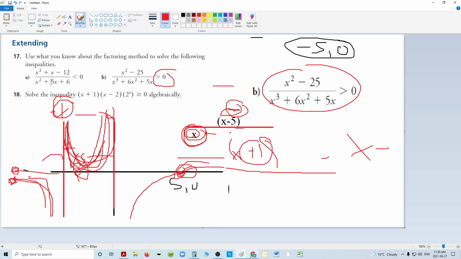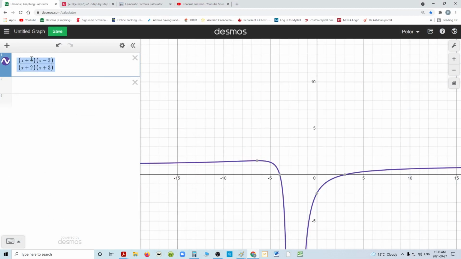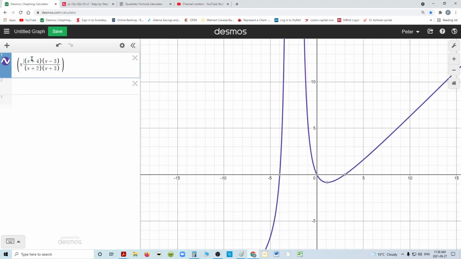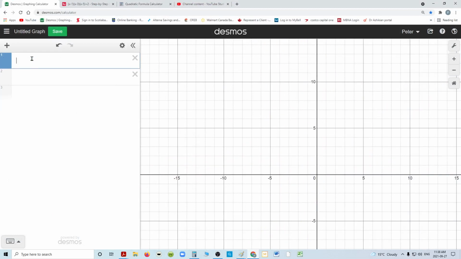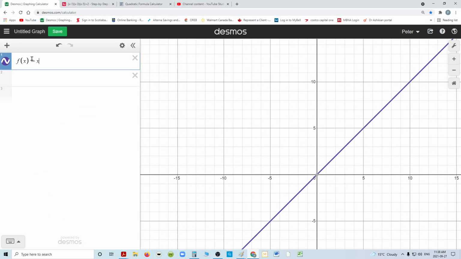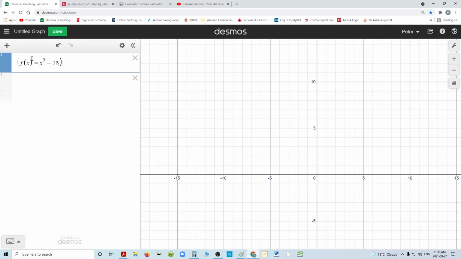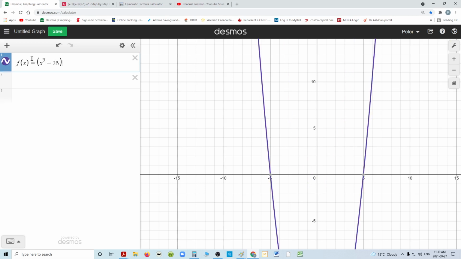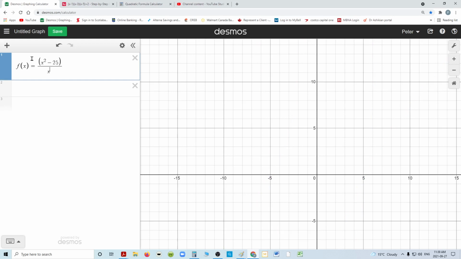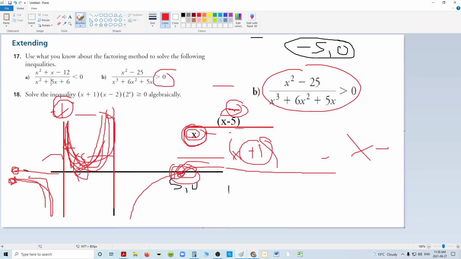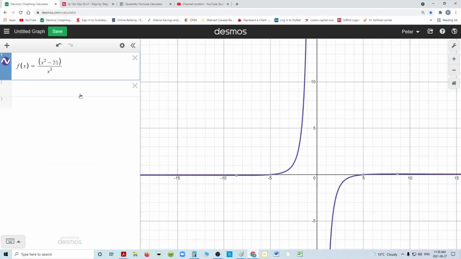And it's also above 0 to the right of 5. Let's see if we got it right. So it's x squared minus 25 up top. We're going to use the original graph in case I factored wrong. And the other one is x cubed plus 6x squared plus 5x.